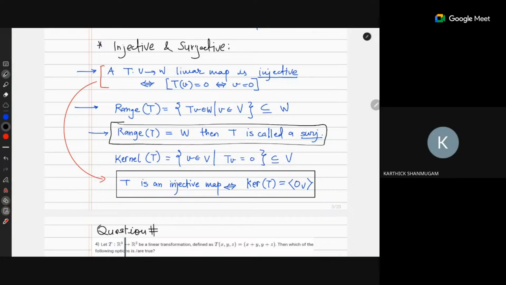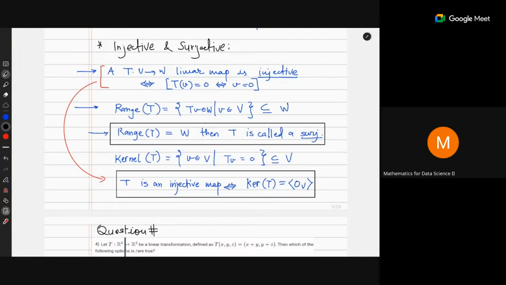Sir, one small clarification. The last statement that you have written, T is an injective map if the kernel of T is 0, that means none of the vectors in the domain other than 0. When you mean 0, is it the zero vector of the domain? Yeah. So when I write 0v, the vector space V may not always be Rn.